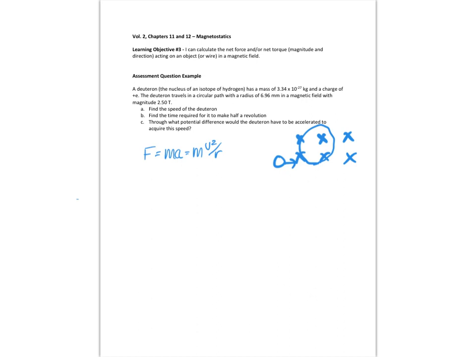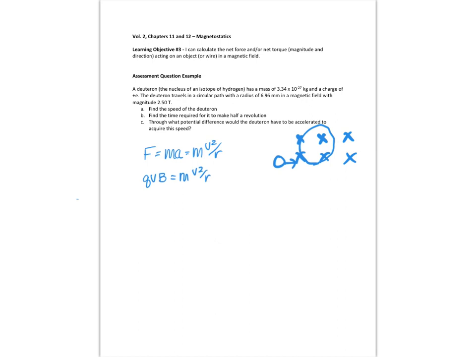Now, the force that a charged particle feels when it moves into a magnetic field, where the velocity vector and the magnetic field vector are perpendicular to each other, is simply QVB. We set that equal to the centripetal force, or the mass times the centripetal acceleration. This is the basis of this type of motion.